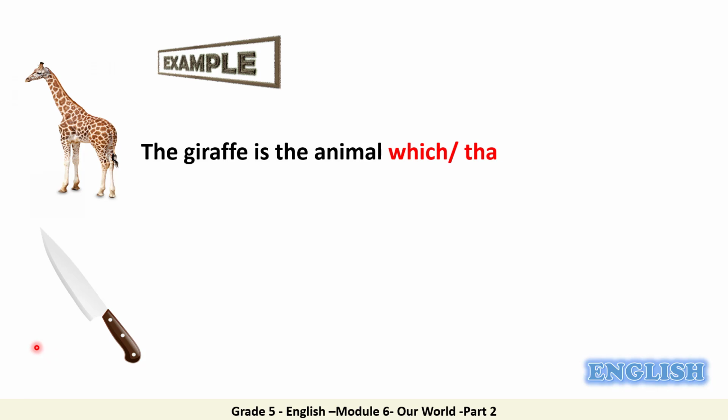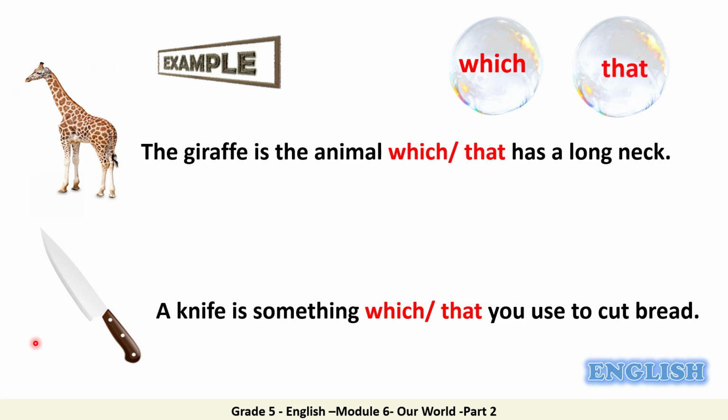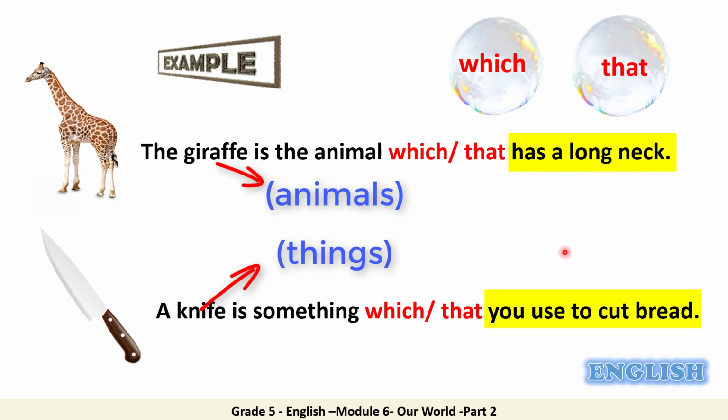The giraffe is the animal which or that has a long neck. A knife is something which or that you use to cut bread. Where are the relative pronouns here? Good job, which or that. Their job is to give more information about animals or things.